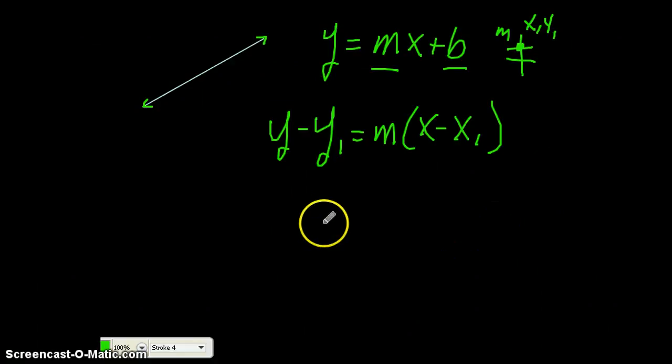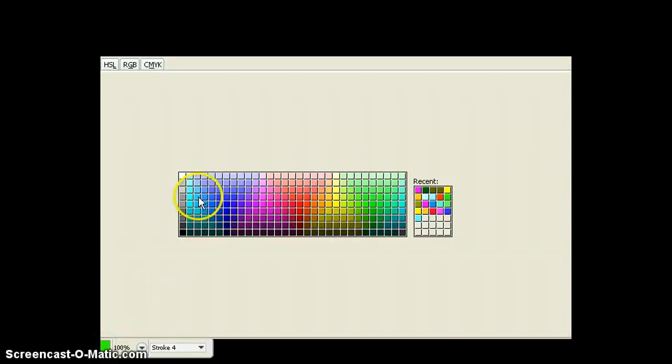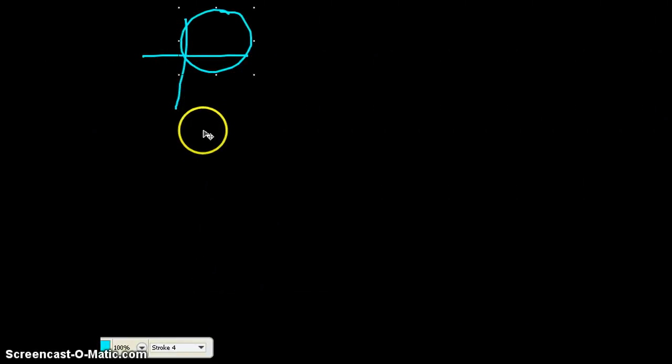Now let's take a second and look at circles. When we're talking about circles on the coordinate plane, here's a circle with the center at the origin, and I can move that circle off the origin. When I move the circle off the origin, this center point changes from 0, 0 to h comma k.